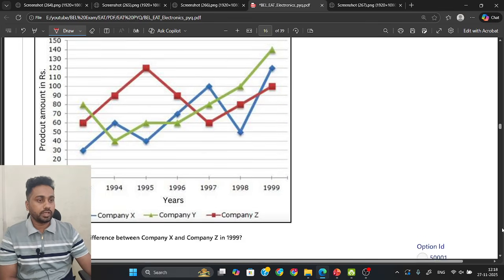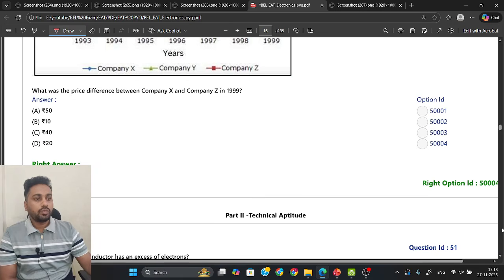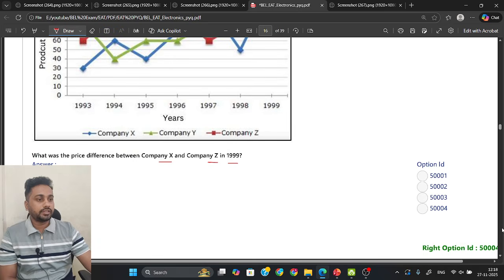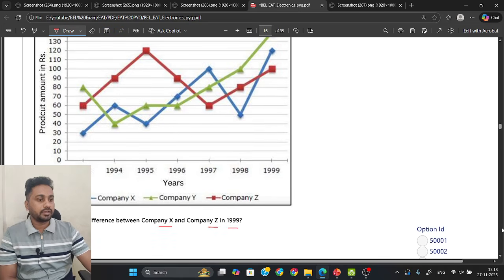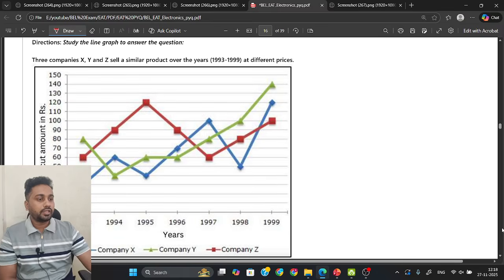Okay. Now the next one is, what was the price difference between company X and company Z in 1999? So what is the difference between them, X and Z, in the year 1999? Company X is the blue line, this one, and company Z is the red one, this one.